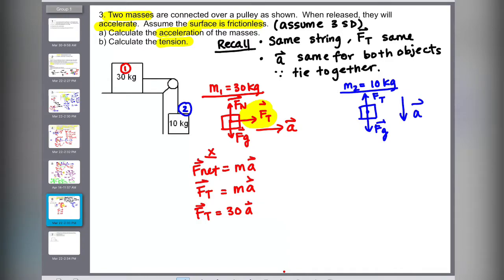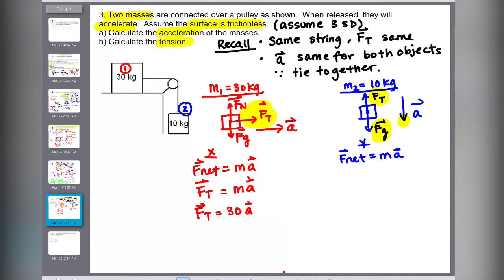Are we good? Okay, I'm going to do the same thing for block 2. So block 2, in this case, my forces analyzed have to be along the Y direction. I only have forces that are going along Y. F net equals MA. The net force, because downwards is my positive, I take my positive, I subtract my negative, right?